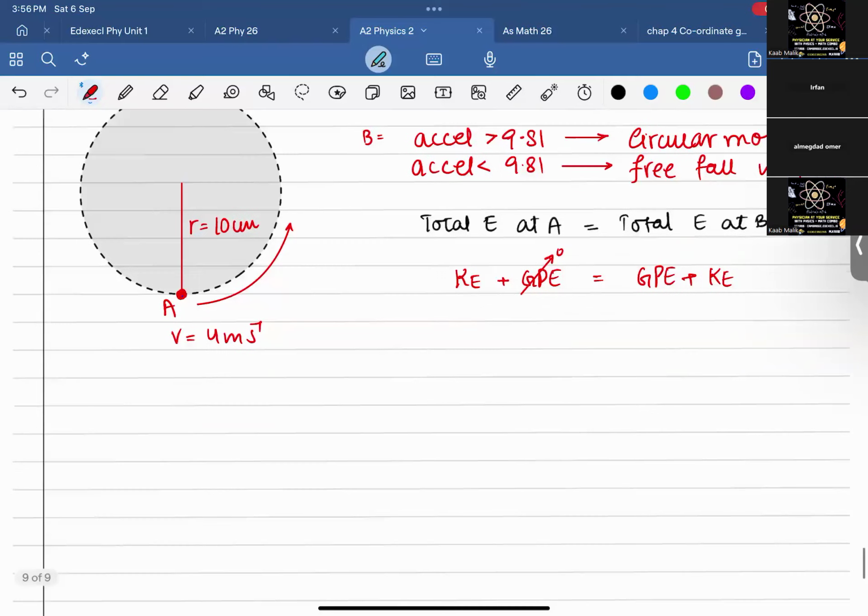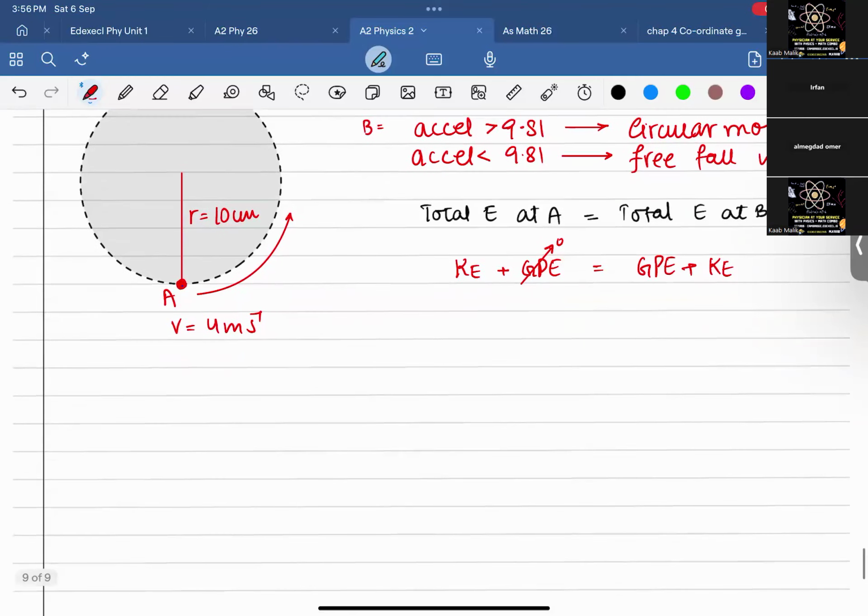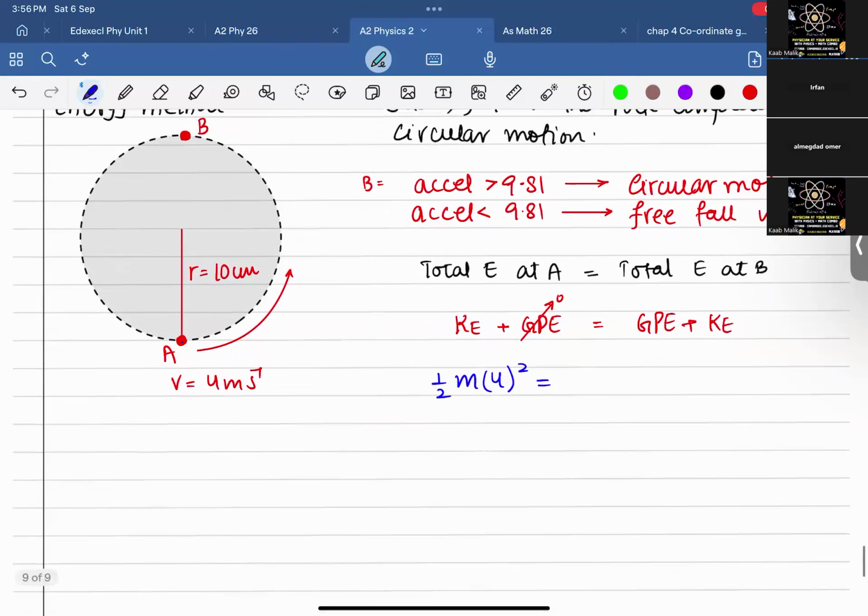At point A, do we need mass? No, we don't. At point A, the energy is half m v squared, which equals, at point B... Can you guys tell me which formula to use for GPE?